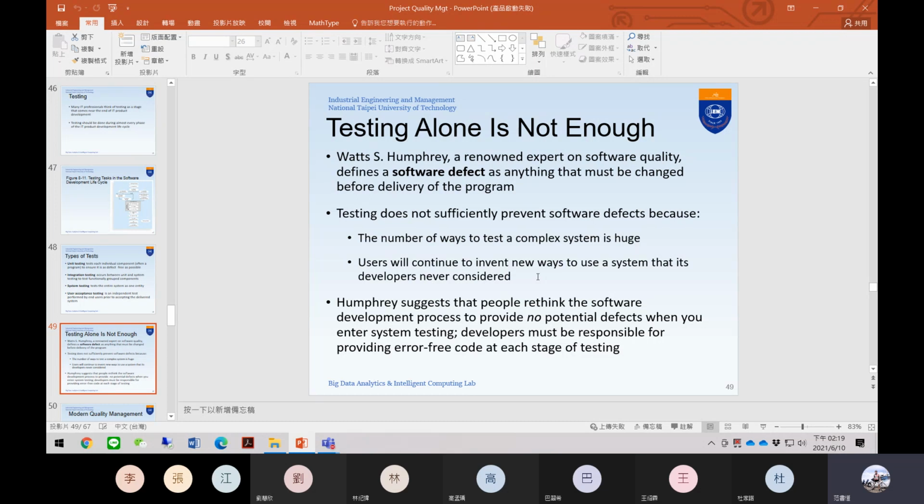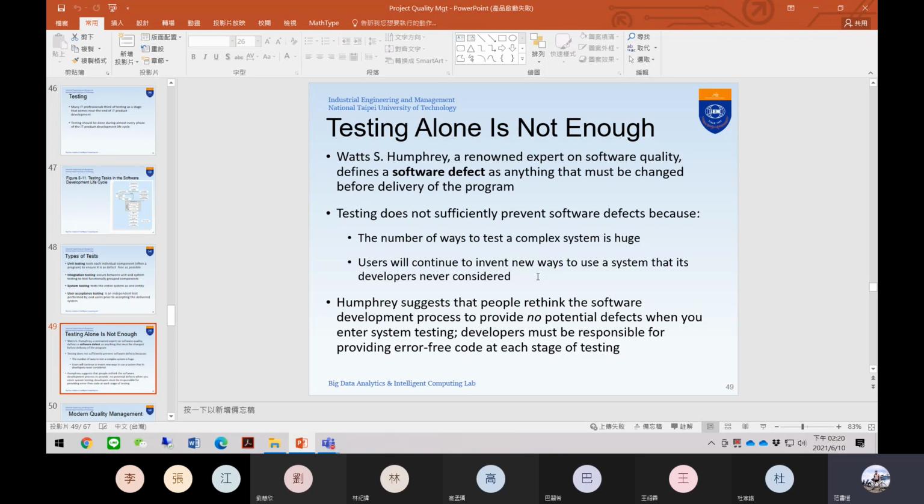Why? Because the number of ways to test a complex system is huge. You can name a lot of possibilities or opportunities where a mistake can happen. And the user will continue to invent new ways to use a system that its developers never imagined or considered.